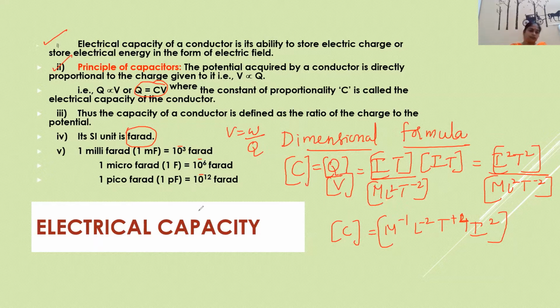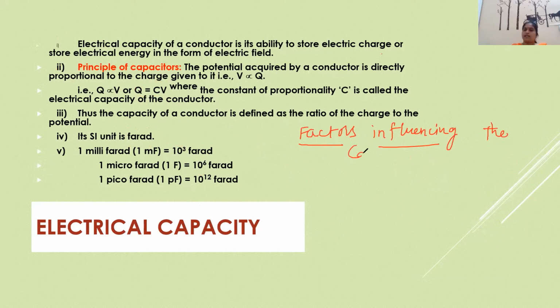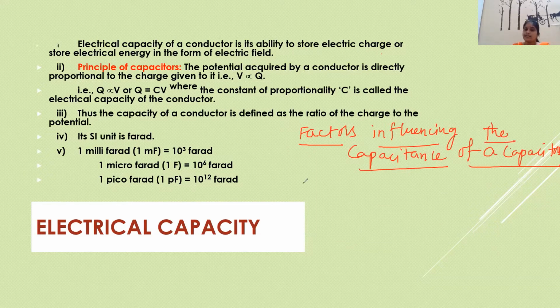So now we will move on to the factors influencing the capacitance of a capacitor. I know the capacitance of a capacitor as C, and this C depends on what factors?